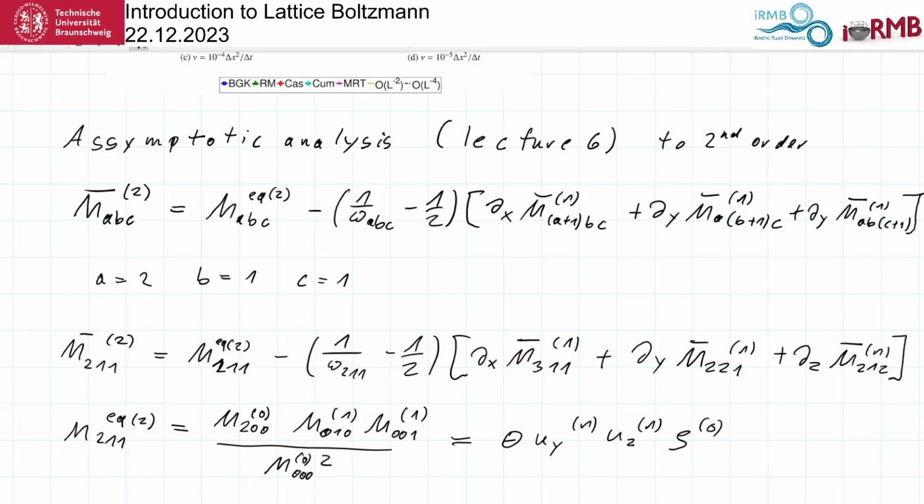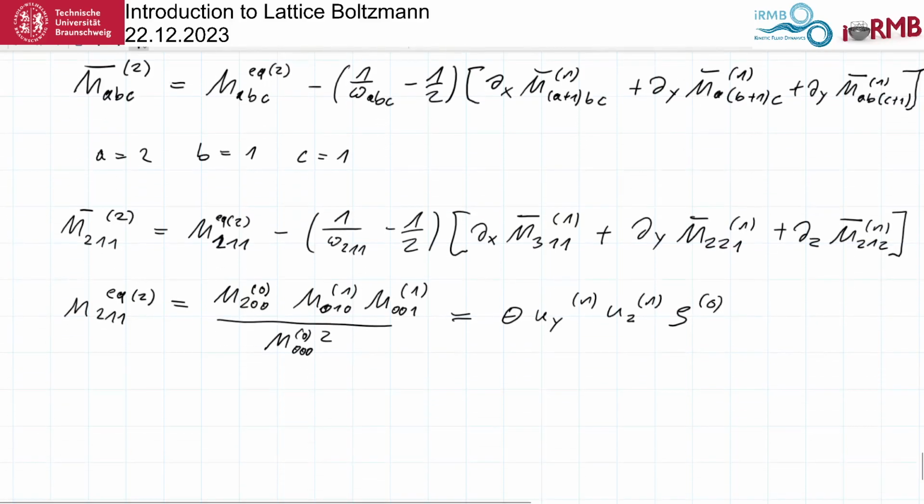So this is what the equilibrium for this first order moment looks like. Now let us call this next equation 9.1. We say that M211, so this is again the equation above, written in this way.